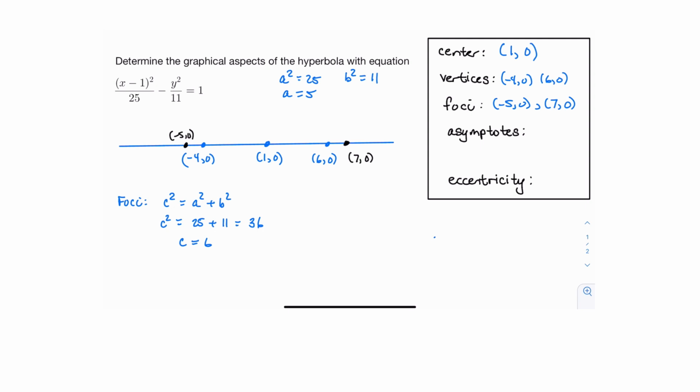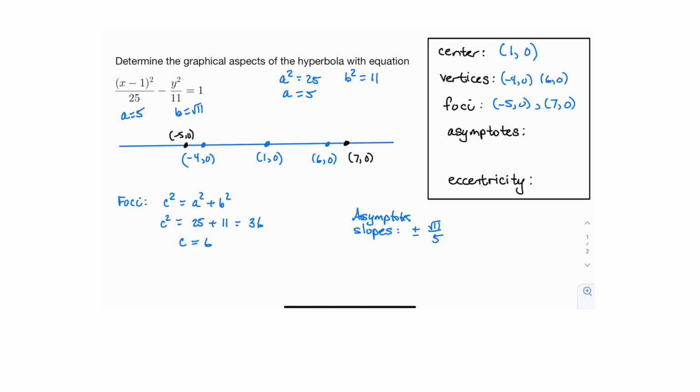So since a equals 5 is with the x squared term, and b equals square root 11 is with the y term, the slopes of our asymptotes are plus or minus b over a, the y coefficient over the x coefficient. So that means square root of 11 over 5.